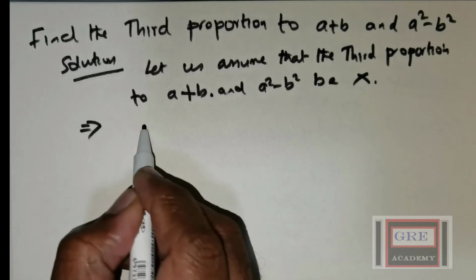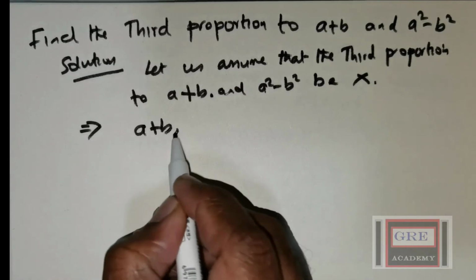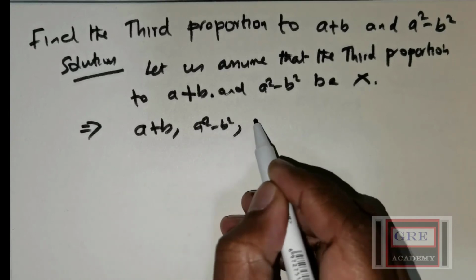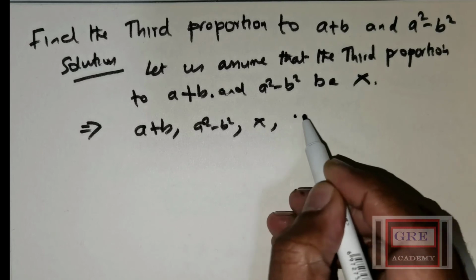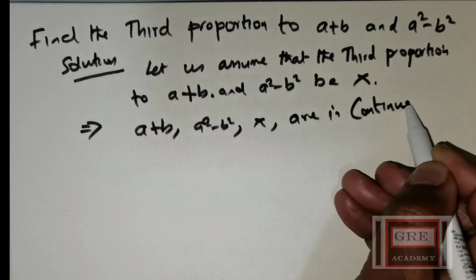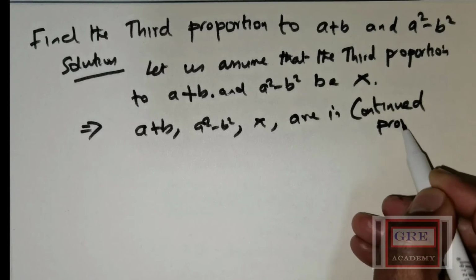So this would mean that a + b, a squared - b squared and x are in continued proportion.